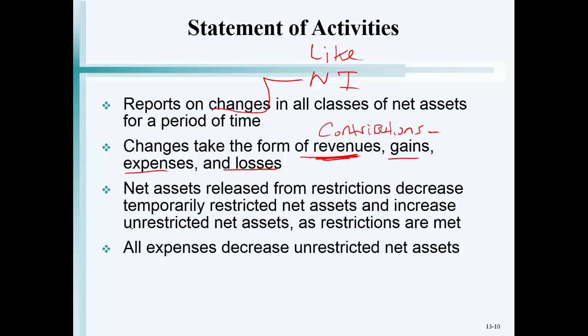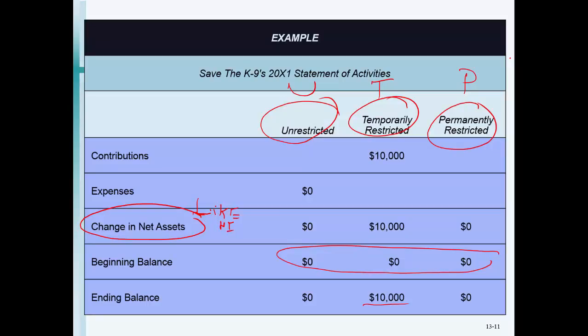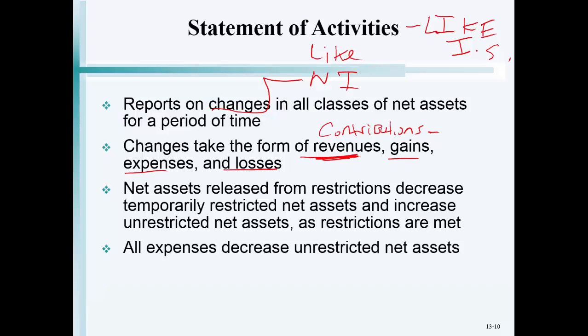And so what happens? We have reported on our statement of activities, which is like our income statement. I guess I could put like IS here. When we look at the statement of activities, it is like our income statement, and we have something called the change in net assets.